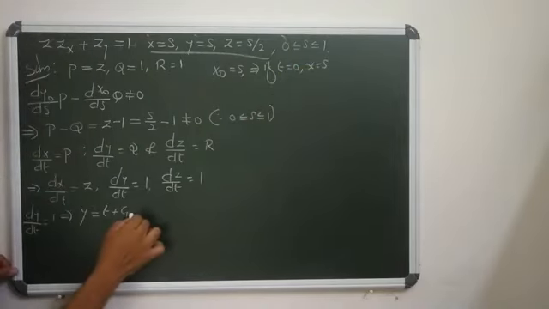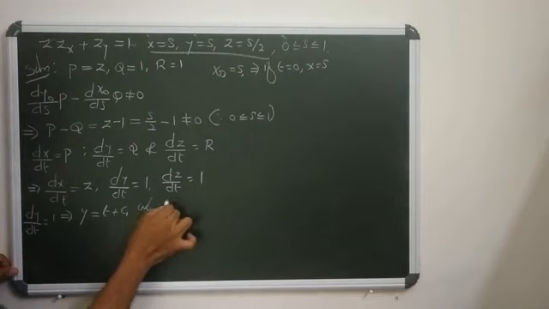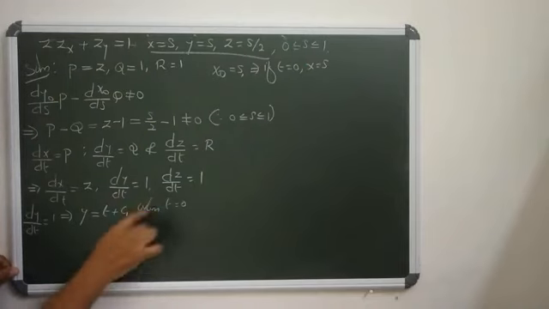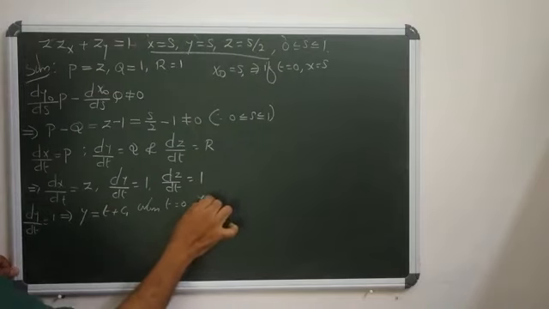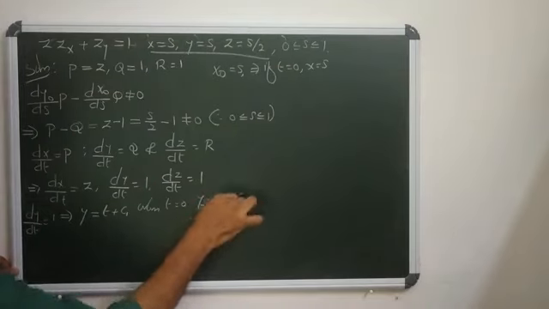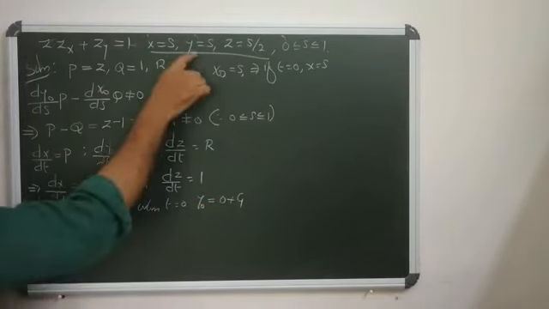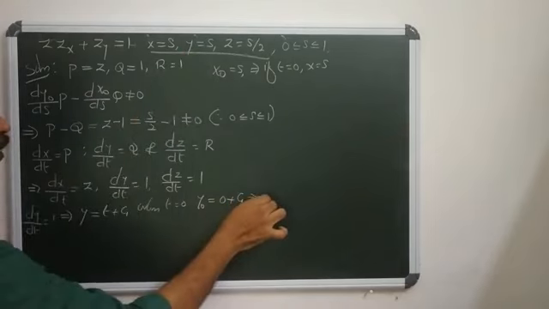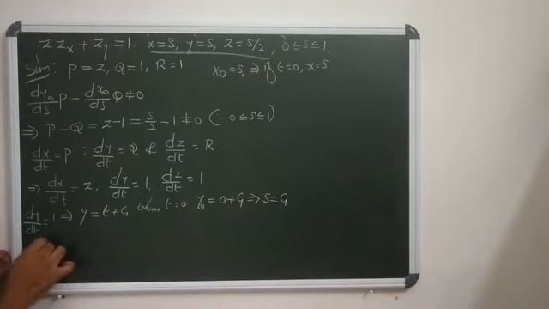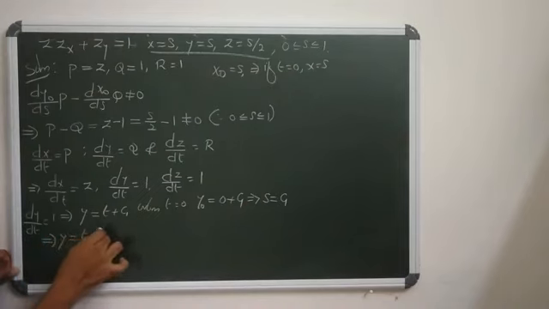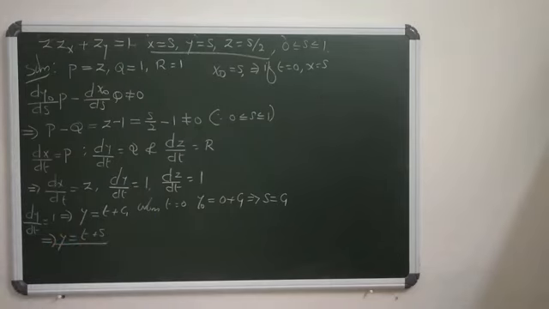Similarly for y naught, when t equals 0, y naught equals 0 plus c1. But y naught is s. So s equals c1. So from y equals t plus c1, y equals t plus s.